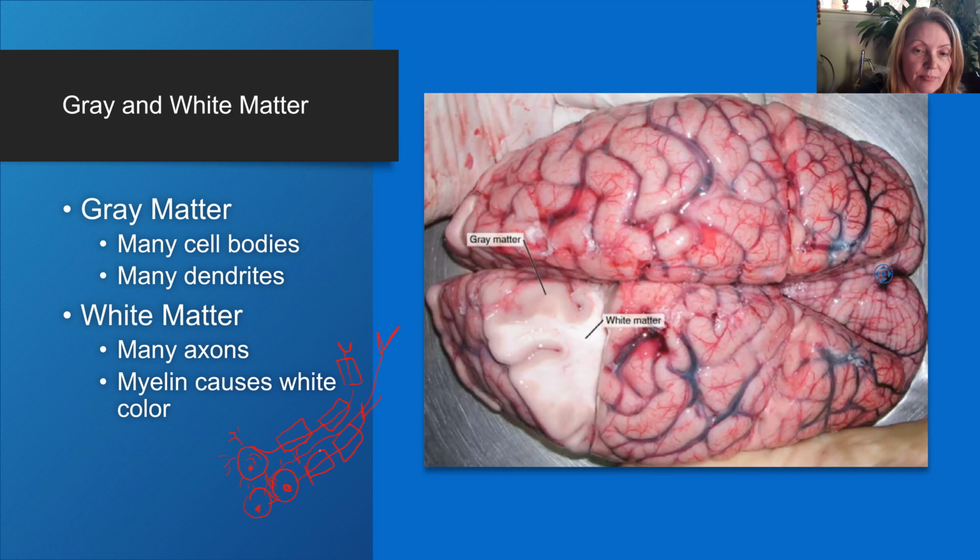So I have this collection of cell bodies and dendrites, and they appear gray, with a darker color. And then I have the whole bunch of these axons covered by myelin, and they appear white.